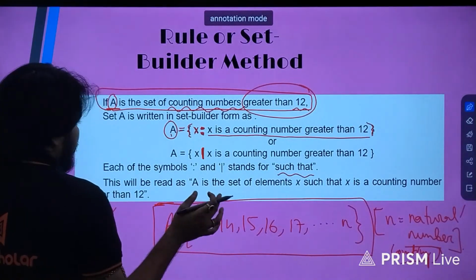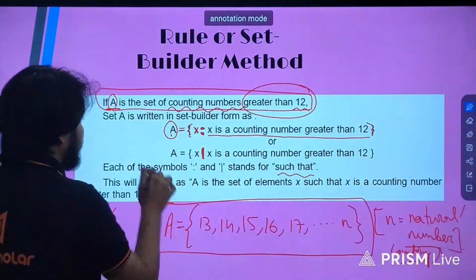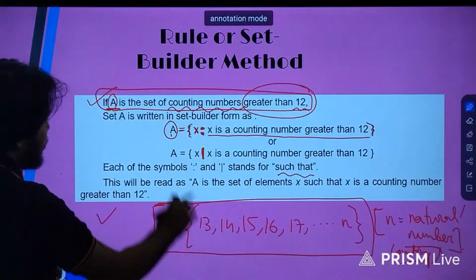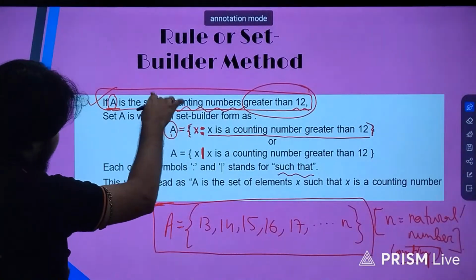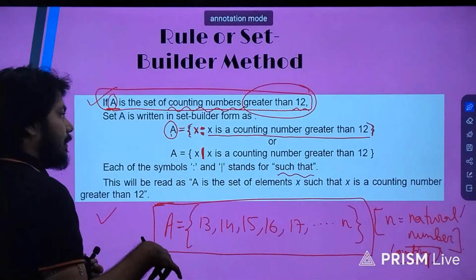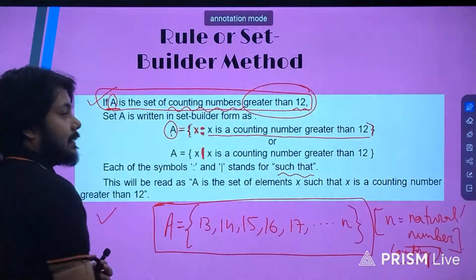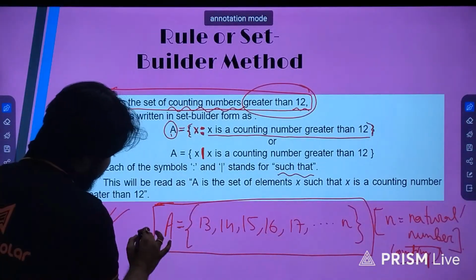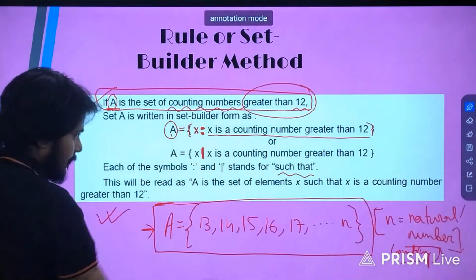If you decide to represent this set by the description method, then simply write the statement inside a curly bracket. If you want to represent this set by the tabular or roster method, then you need to write like this.